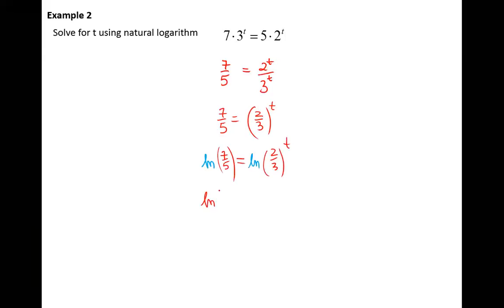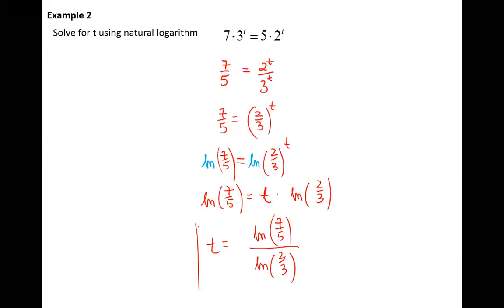I can copy this, and now we know that t can travel, we can put t in front of the logarithmic function. In order to solve for t, I have to divide both sides by natural log of 2/3. That means t equals ln of 7/5 divided by ln of 2/3.